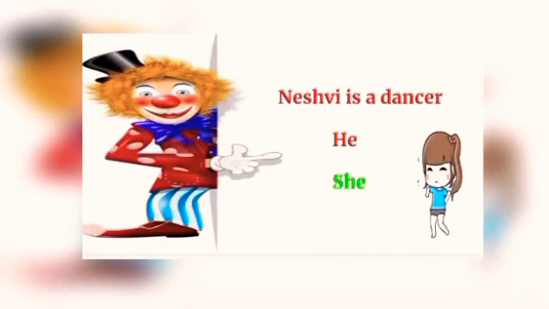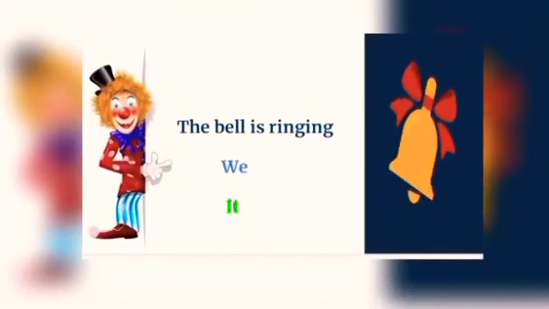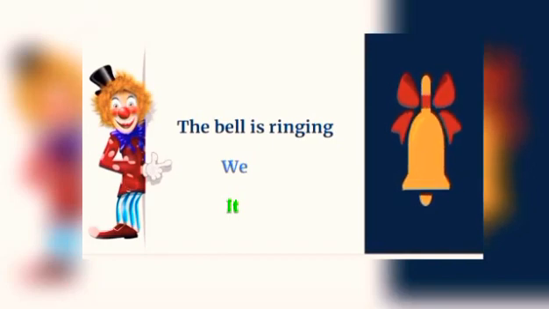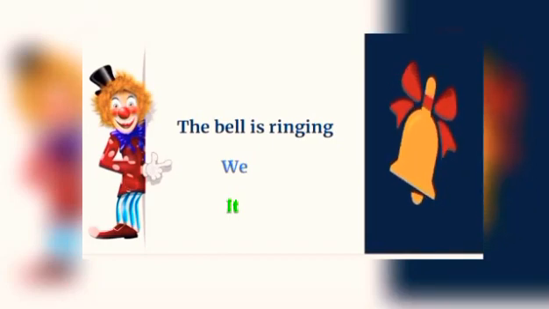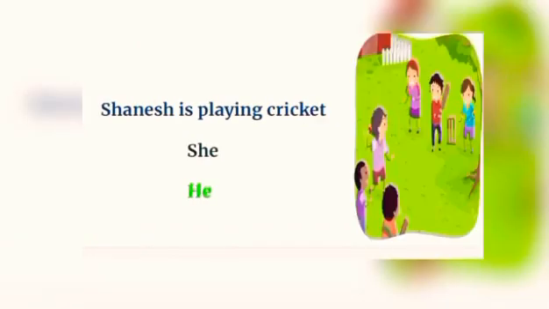So she is a pronoun. The bell is ringing. Here it refers to the pronoun. Anish is playing cricket. Here from these options he represents Anish. Anish is a boy, so we will use he.